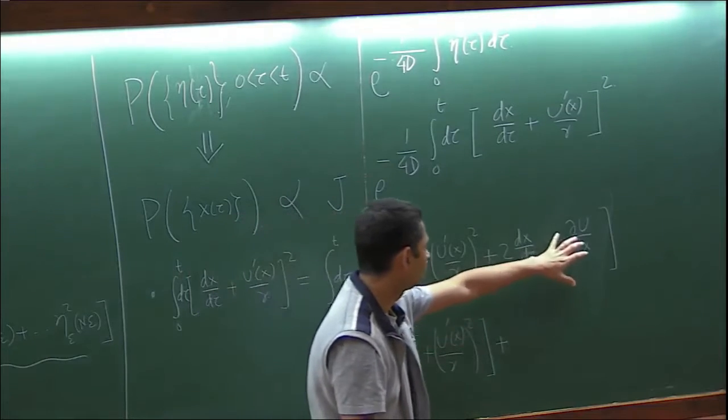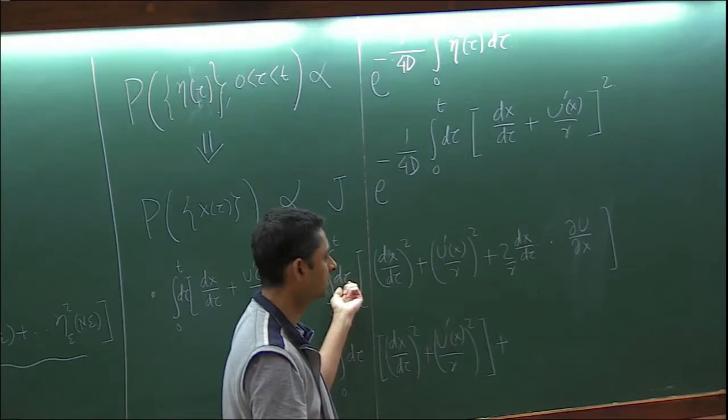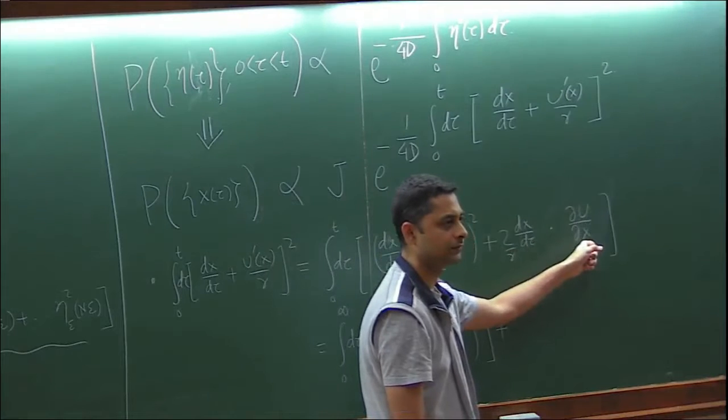Look at this integral: the integral over tau of dx by d tau and del u by del x.